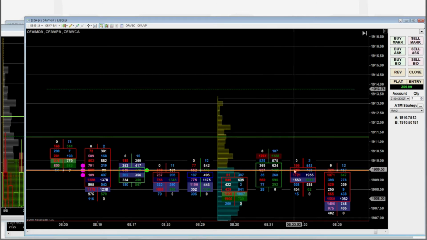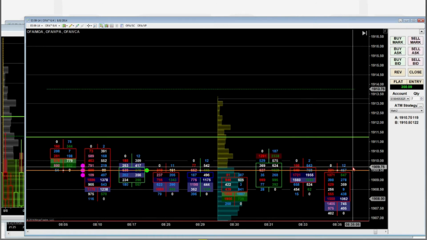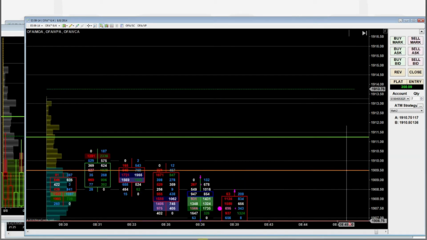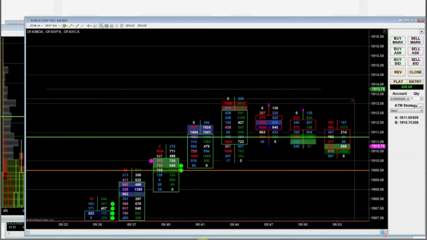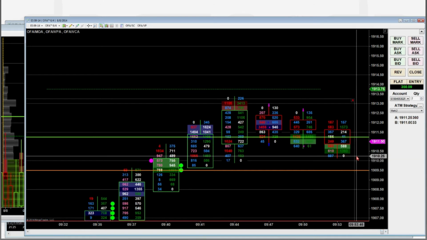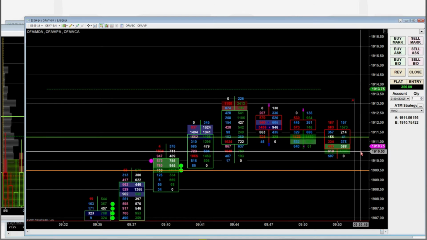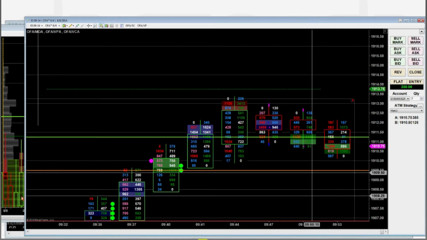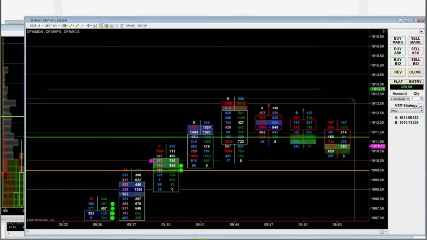Opening swing high is here at 909.50. So that's a level that I could lean on a little bit better. So I would come back over here, and this 1910.50 is the high of the value area.